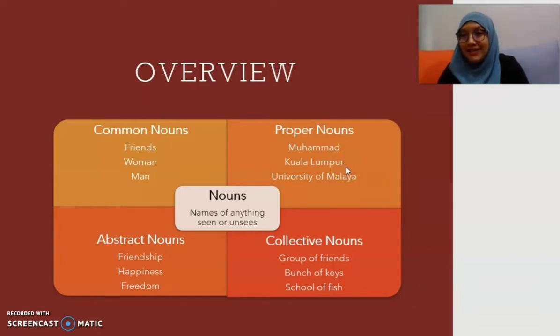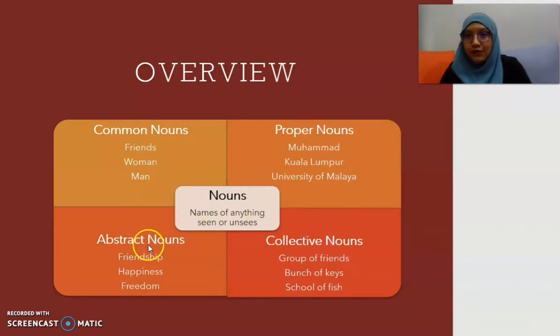Name of a specific place, Kuala Lumpur, Perak, Ipoh. Name of a place, University of Malaya. You notice that they begin with capital letters except for the preposition of. Usually prepositions in names of things, even in titles, are in small letters, not capitalized.